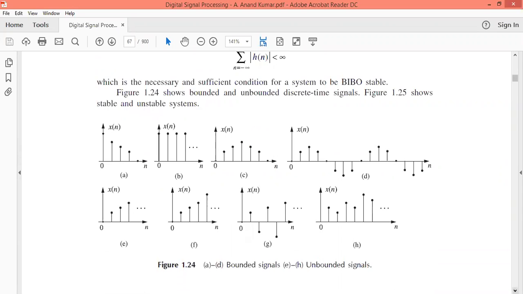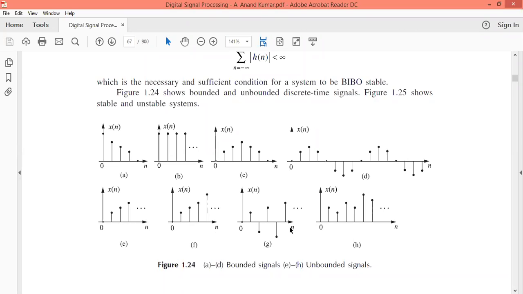See here, these are examples of bounded input and bounded output signals. A to D are all bounded. E to F, see here, the values are increasing. If the values are increasing, the amplitude will also increase. So when n equals infinity, x[n] becomes infinity, and if x[n] becomes infinity, the output will also become infinity.